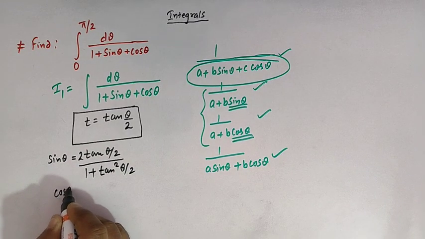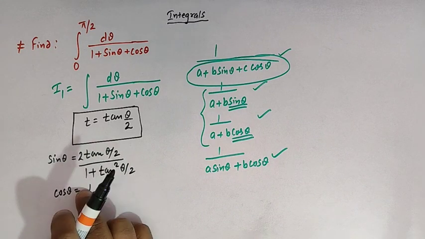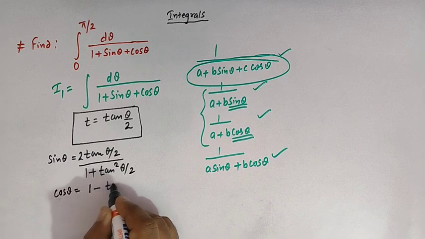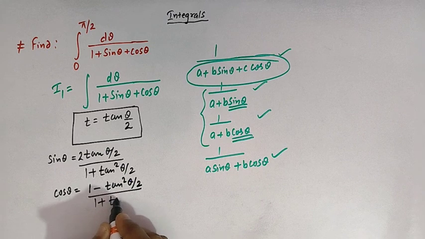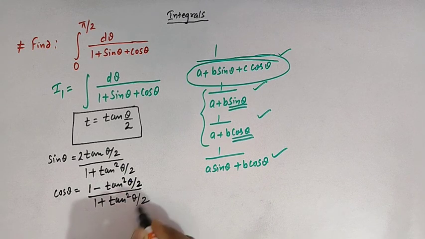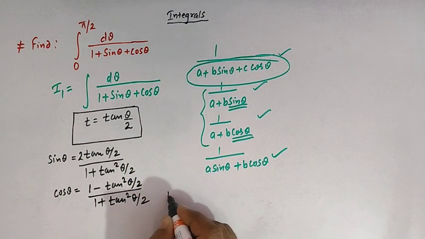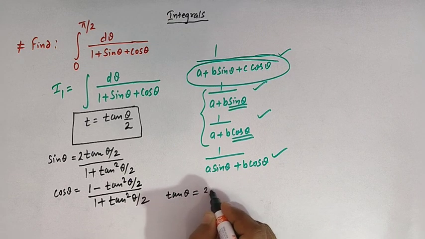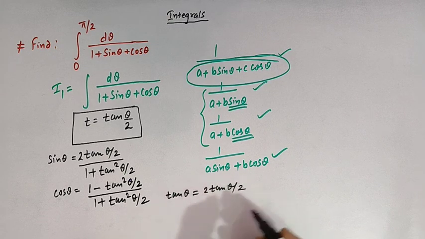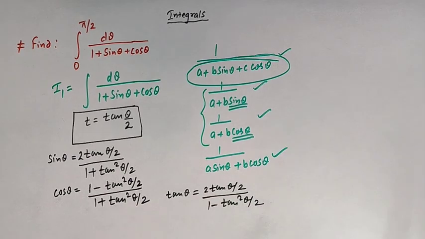Similarly, cosine theta can be written as 1 minus tan square theta over 2 divided by 1 plus tan square theta over 2, right? And the tangent theta can be written as 2 tan theta over 2 divided by 1 minus tan square theta over 2, right?